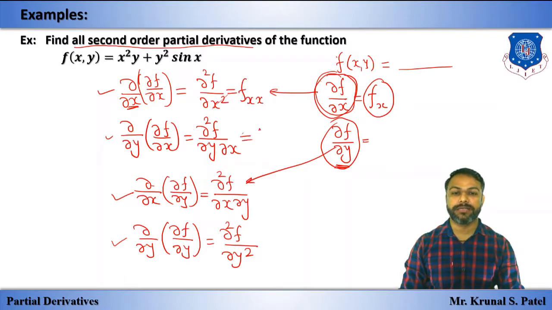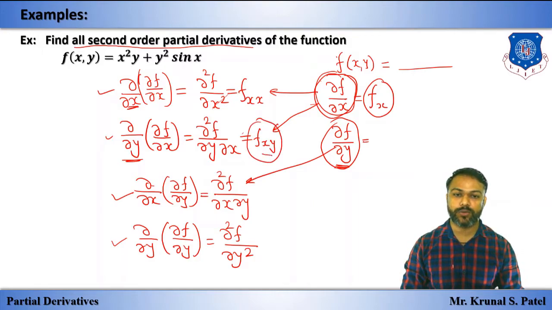Same way this is fx already, and I am differentiating this term with respect to y this time, so just multiply y only. Understood? So that means fxy, that means differentiate f first with respect to x, then with respect to y.